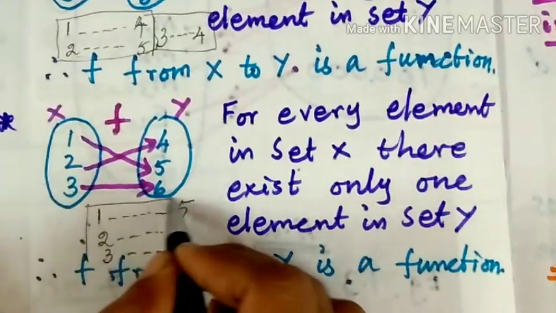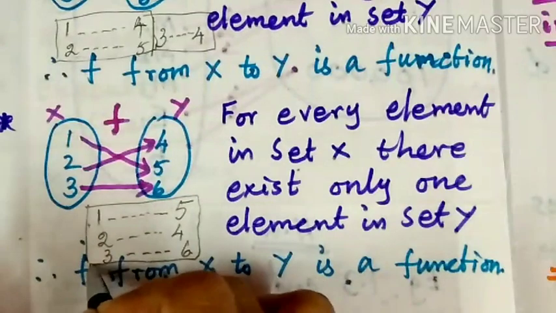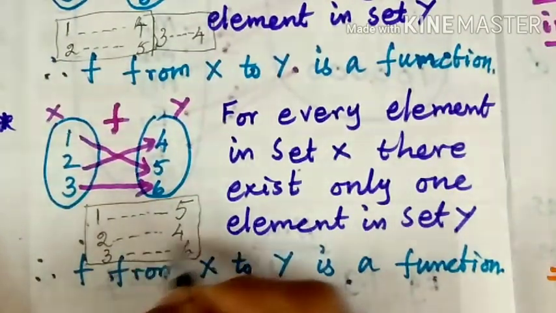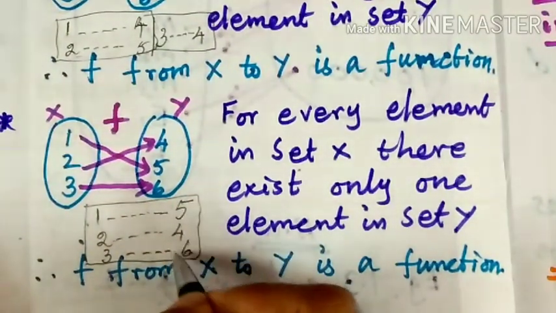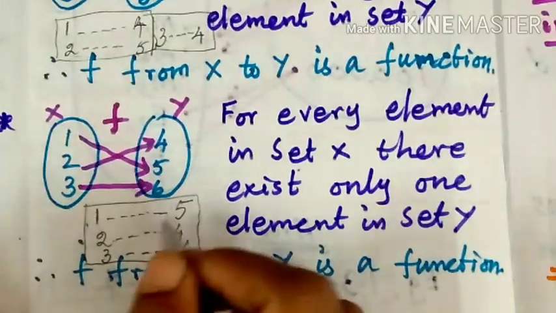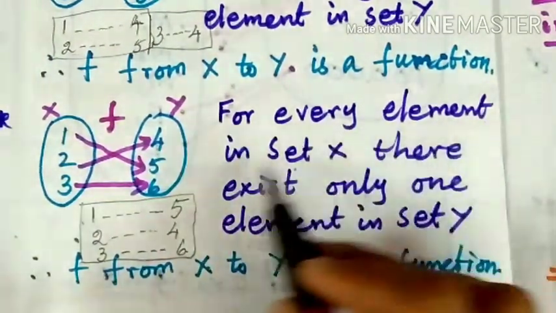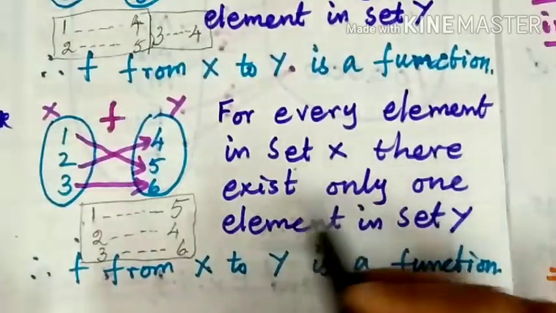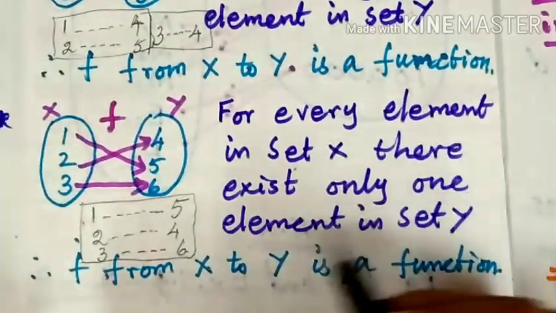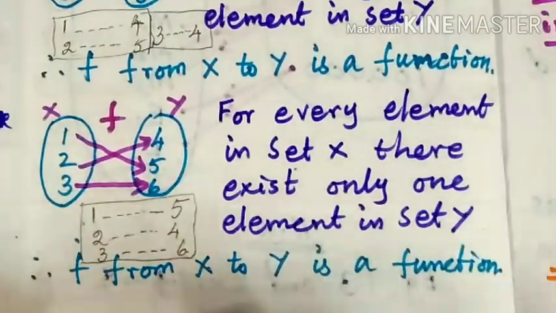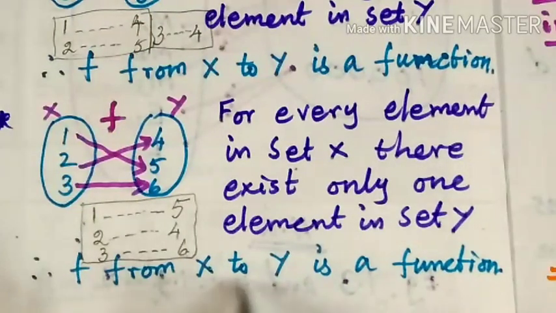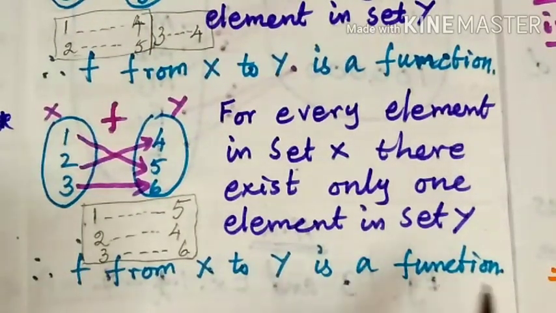Every element in set X is associated with only one element of set Y. So for every element in set X, there exists only one element in set Y. Therefore f from X to Y is a function.